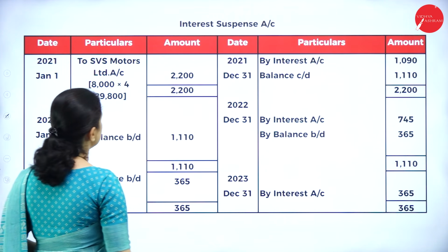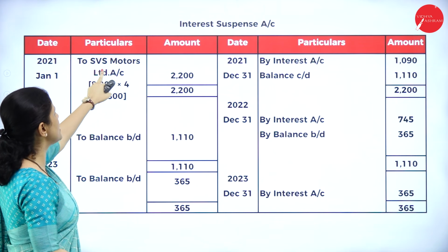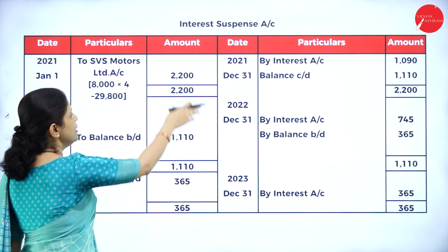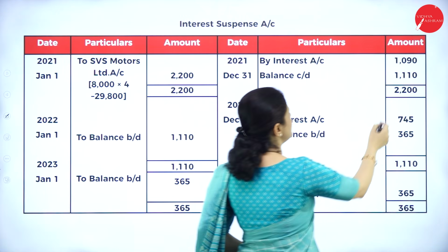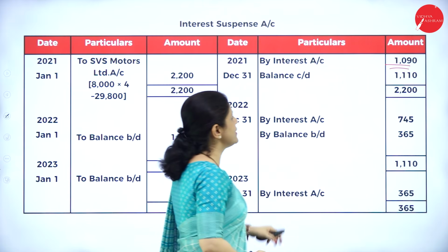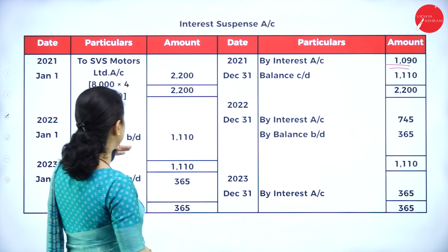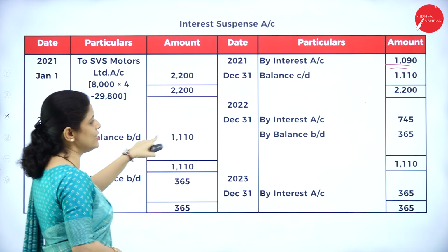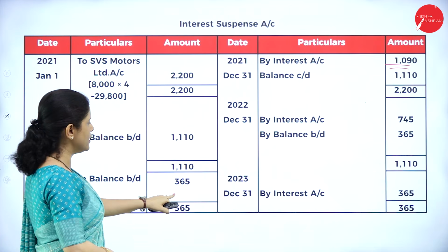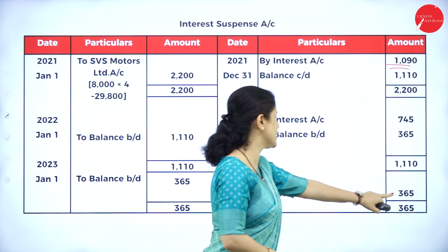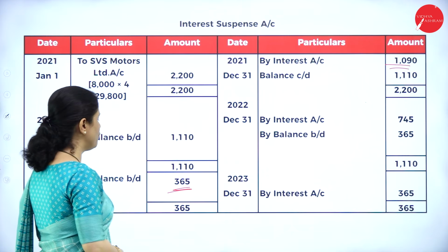Next one is interest suspense account. Here we have to write first to SVS Motors Limited account. That is total interest, it is 2,200. In that first year interest is 1,090 and balance will be 1,110. Whenever it comes to second year, we have to write the balance, second year interest, and again in the third year, we have to write the third year interest here, and here balance is 365.